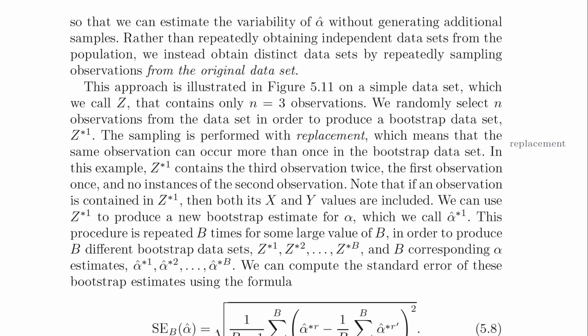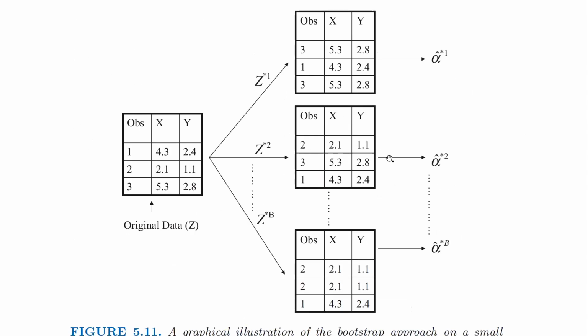We instead obtain distinct datasets by repeatedly sampling observations from the original dataset. And this is what we had 2 days ago when we last met. In this case, we're looking at two variables, x and y.